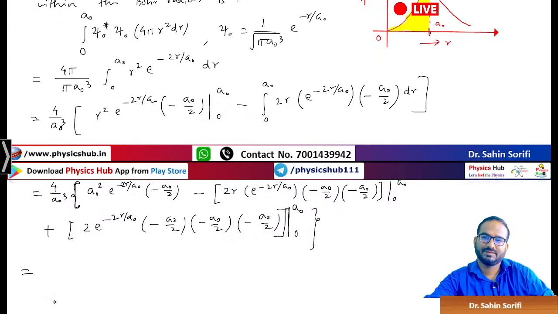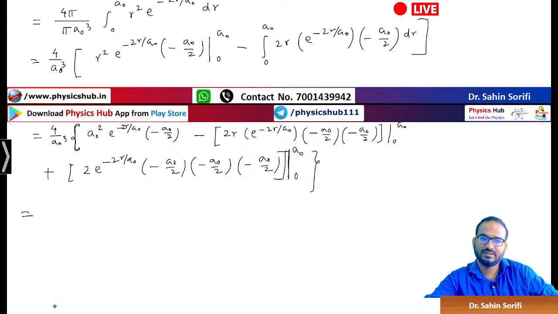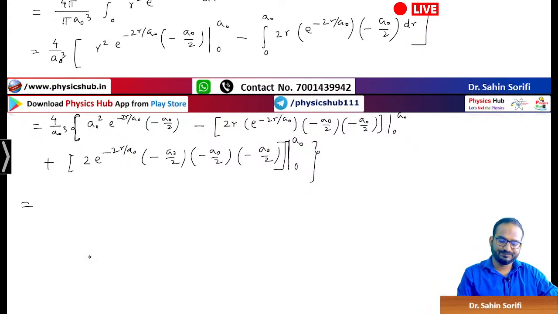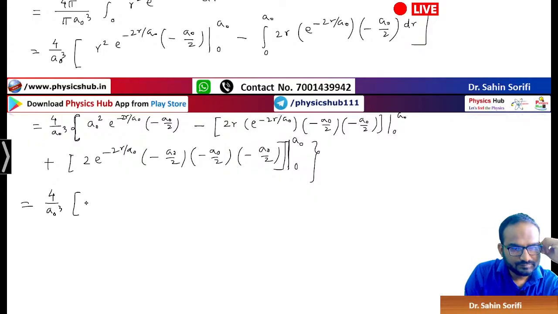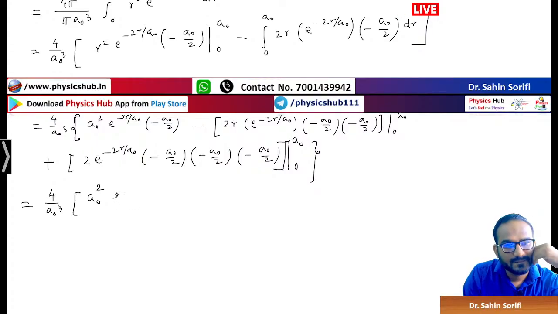Tell me, is there any confusion in understanding this? 0.32, yes, 0.32 will come. So this is 4 by a naught cube. How much is this value? A naught square, e to the power minus 2 a naught, it will be 2 a naught, not 2r.